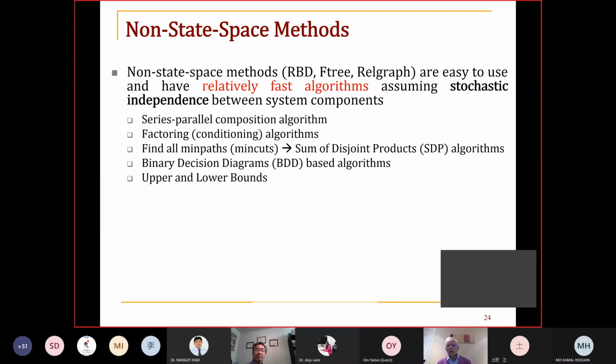And there are many algorithms such as series-parallel composition, factoring or conditioning algorithms, finding all min paths or min cuts followed by sum of disjoint products, or binary decision diagrams, and lastly these upper and lower bounds that we developed for the Boeing problem.